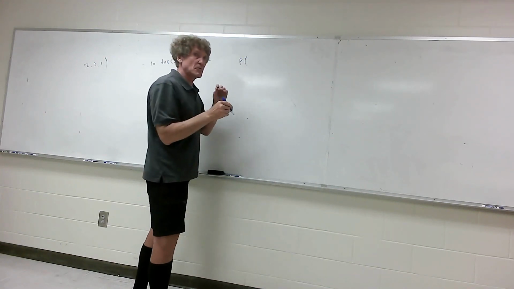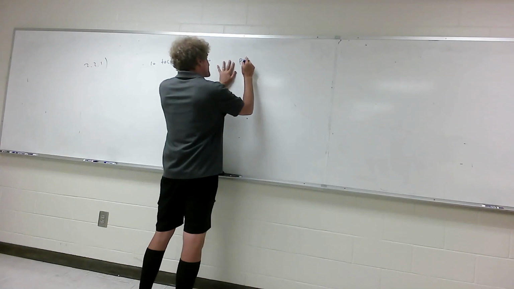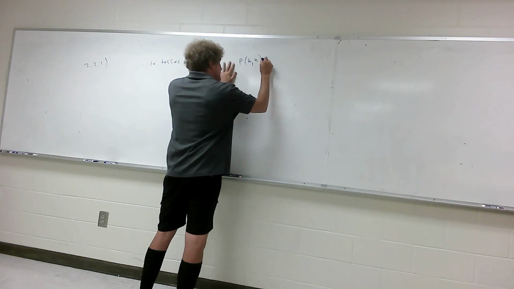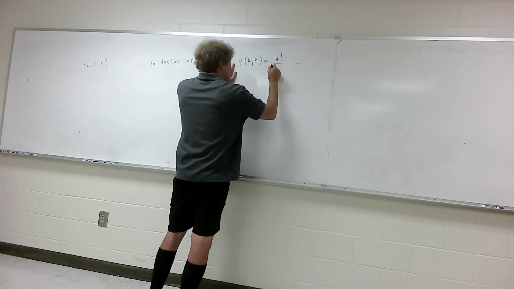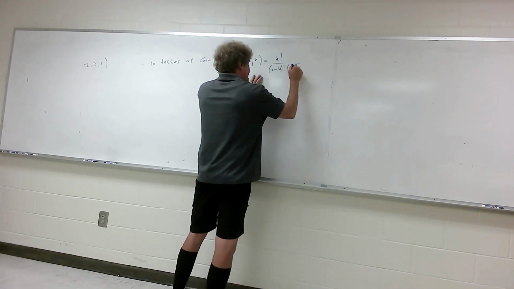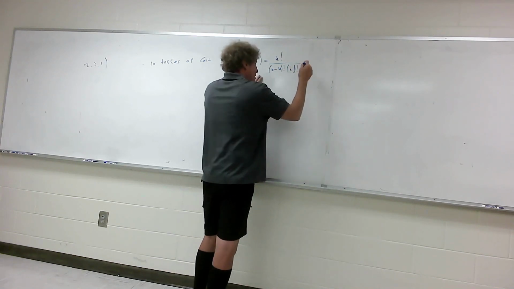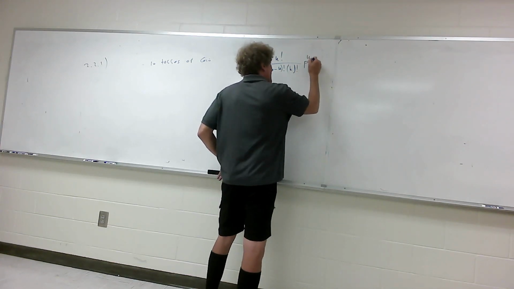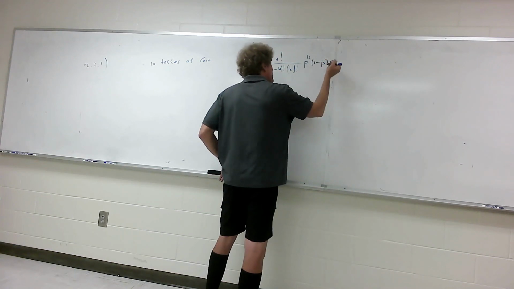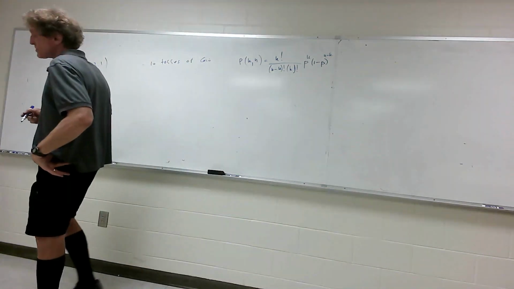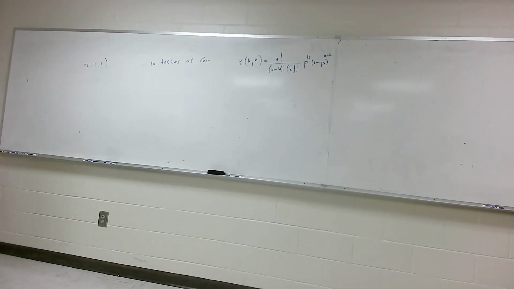If we're going to toss a coin a whole bunch of times, the likelihood of k heads coming in n trials is n factorial over n minus k factorial times k factorial, times the probability of the outcome you want, k, a positive outcome, times 1 minus that probability to the power of n minus k. This has to do with only binary outcomes. It's either going to be heads or tails.